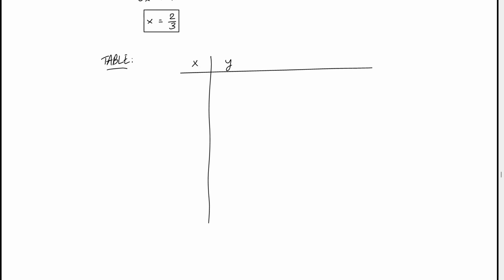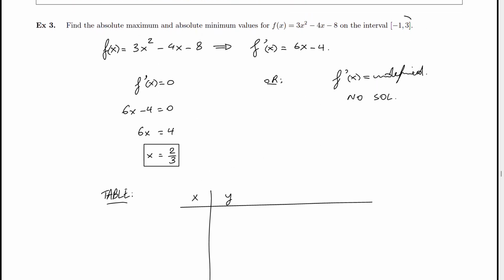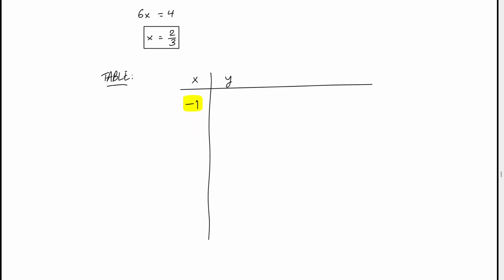Now, the table is going to have a bunch of rows in it, and what the numbers are in these rows is going to depend on what your answers for the critical values are and the interval you began with. So I started off with the interval going from -1, so it's always a good idea to put -1 at the top row of this table, and the interval ends at 3, so it's always a good idea to put 3 at the bottom of this table.